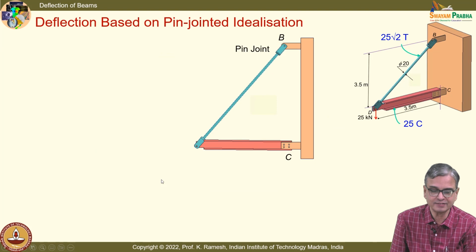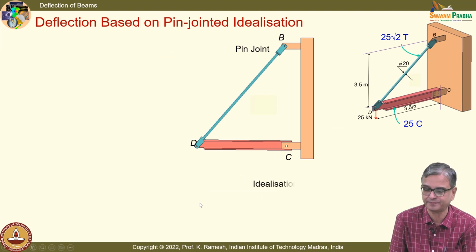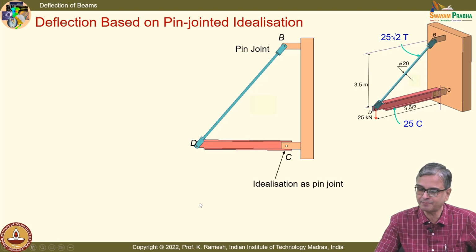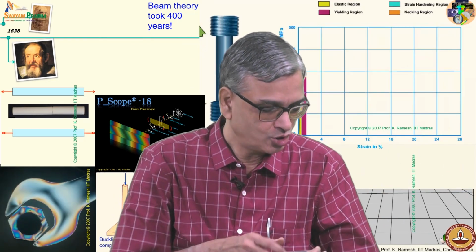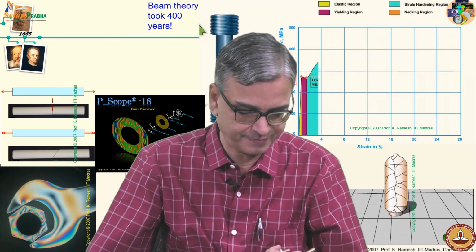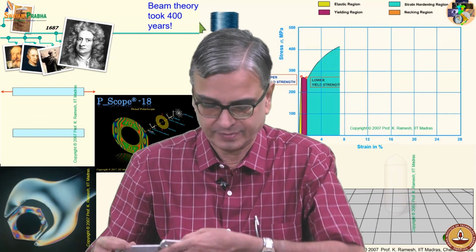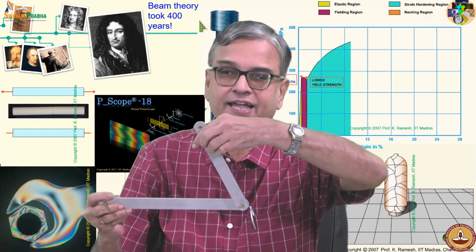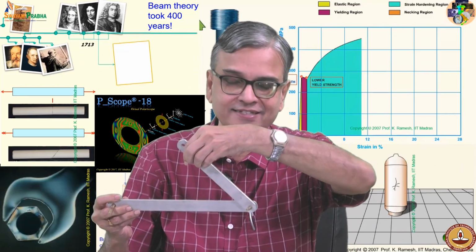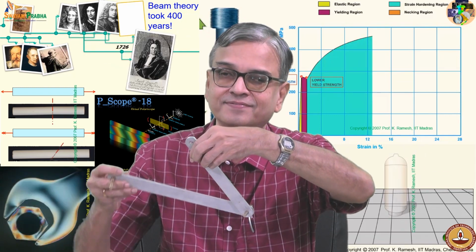So, you have this as a pin joint. So, I will visually also make this as a pin joint. See, the moment I have this as a pin joint, you have to appreciate what will happen. Okay. So, this can rotate like this and this can also rotate like this.